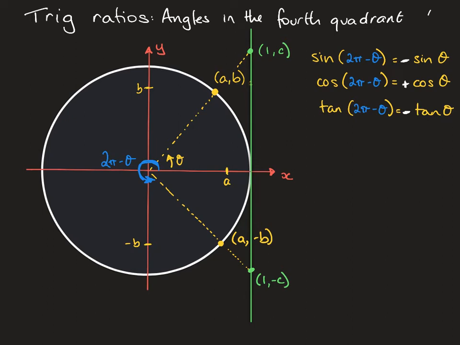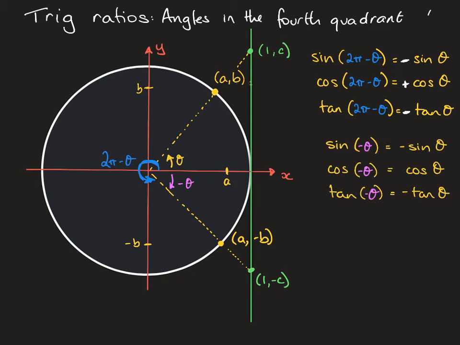So we could also do this using the angle that is measured in the opposite direction this way, using the angle minus theta, and that would look like this. We just replace all of these angles here with minus theta, and the rest is exactly the same.